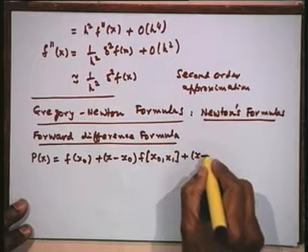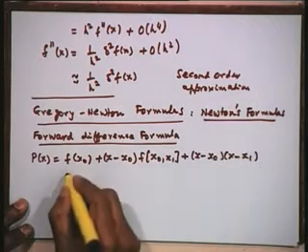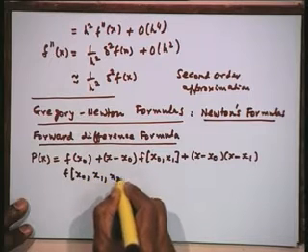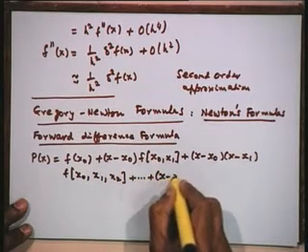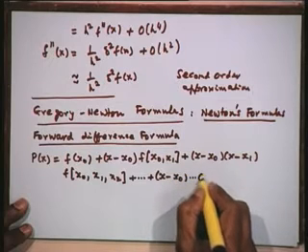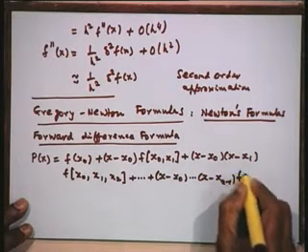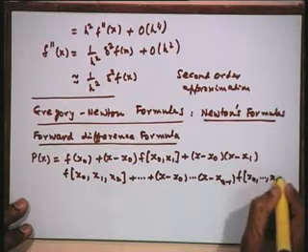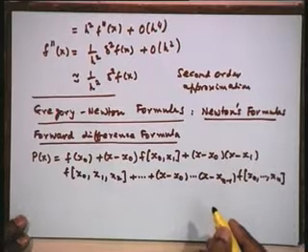This is x minus x naught, x minus x 1 into f x naught x 1 x 2, plus so on, x minus x naught up to x minus x n minus 1 f of x naught x 1 up to x n. This is the divided difference formula that we have derived earlier.